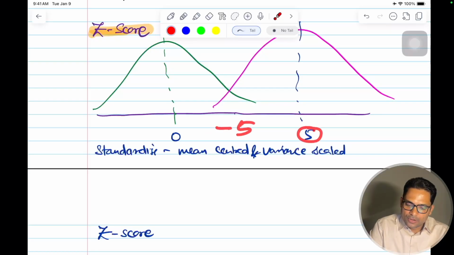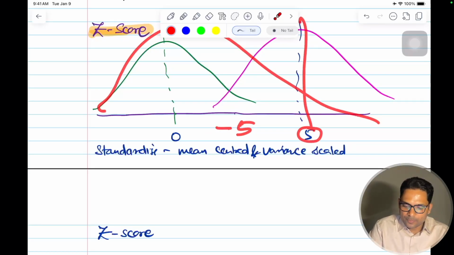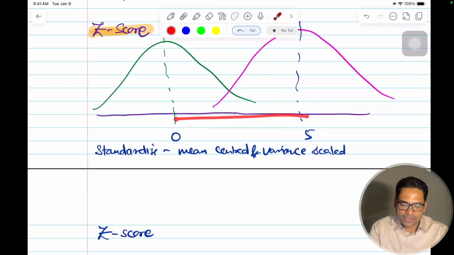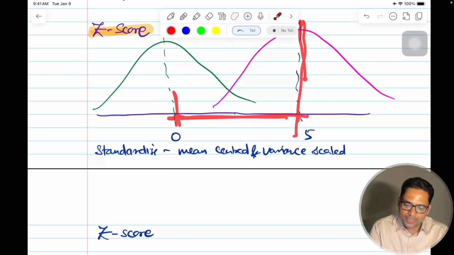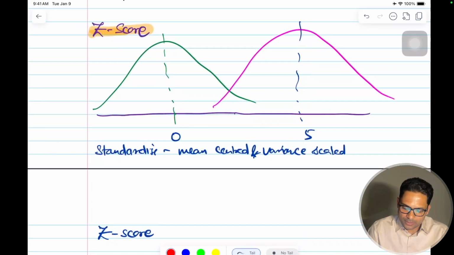If I subtract the mean from this data point, say if this is going till here, the data points will shift by 5 here. If this was the mean here, it will shift to this 0 mean.